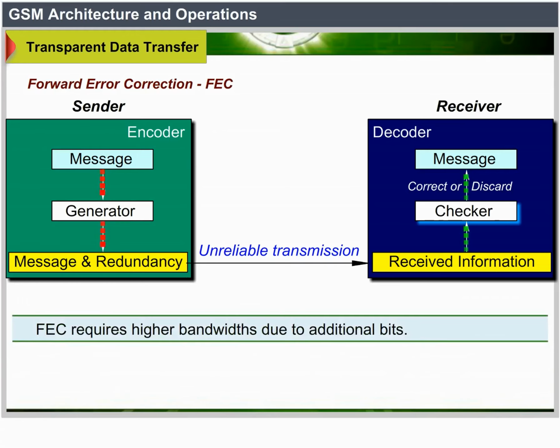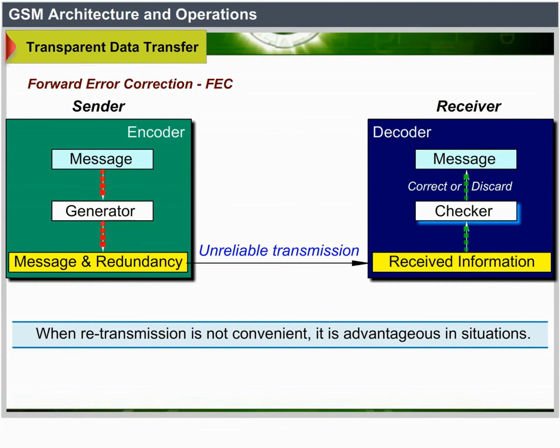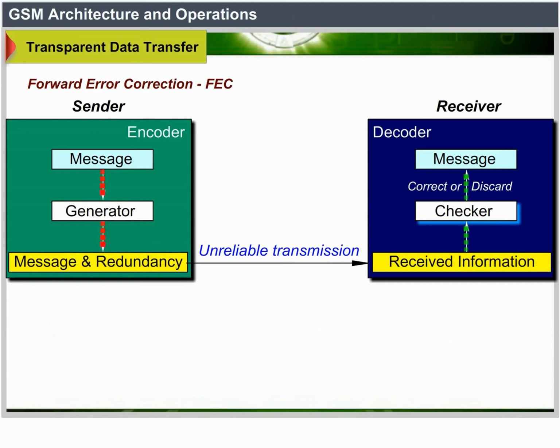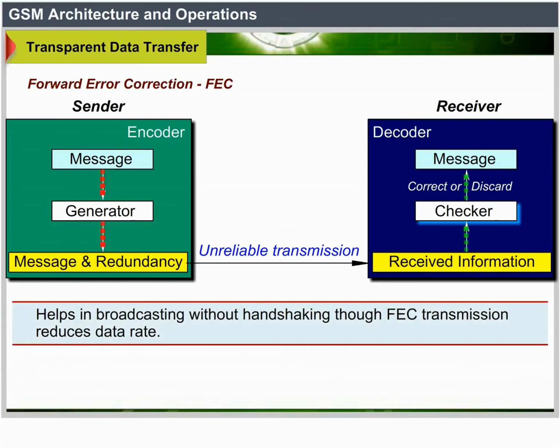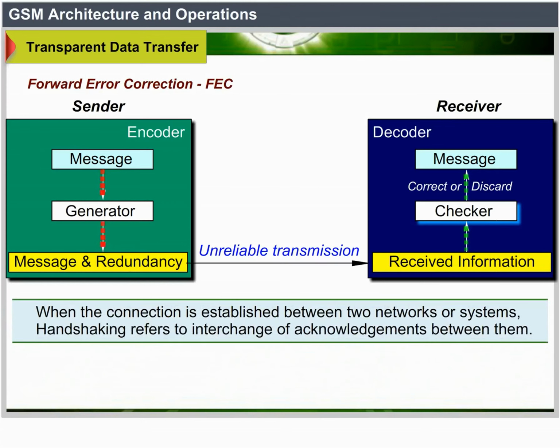FEC requires higher bandwidths due to additional bits, is advantageous in situations where retransmission is not convenient, enables broadcast to multiple destinations from a single source, and helps in broadcasting without handshaking. Through FEC transmission, the data rate reduces. Handshaking refers to interchange of acknowledgements between two networks or systems once the connection is established between them.